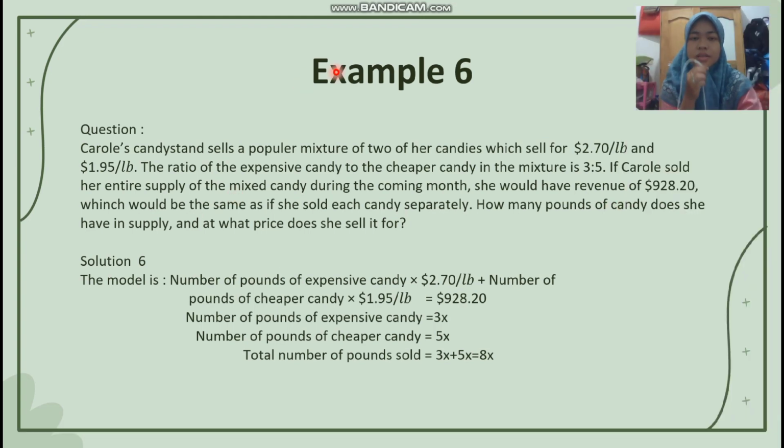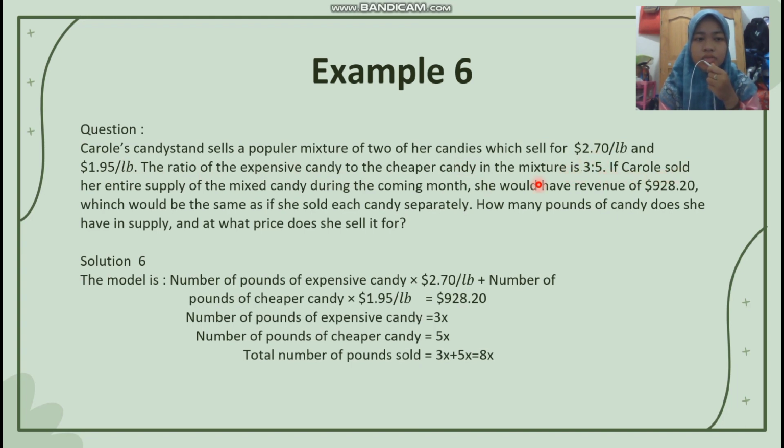Yes, the next is example 6, and the question: Carol's candy stand sells a popular mixture of two of her candies, which sell for $2.70 per pound and $1.95 per pound. The ratio of the expensive candy to the cheaper candy in the mixture is 3 divided by 5.